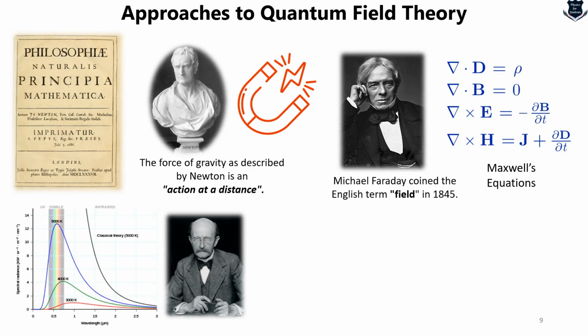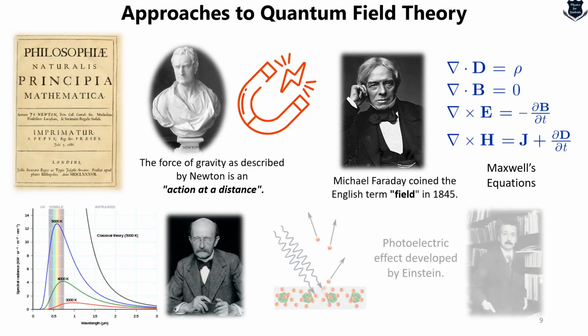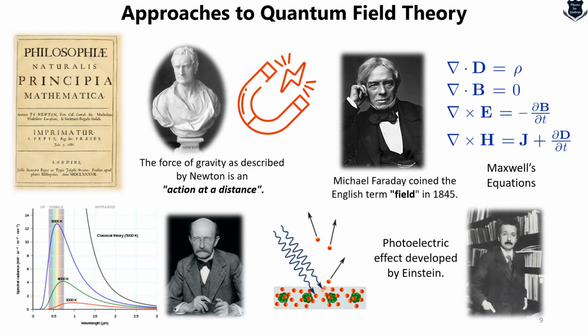So Max Planck found the equation E equals h nu, which means energy is proportional to the frequency, along with a constant. And the photoelectric effect, explained by Albert Einstein, showed that energy is basically quantized. Now, from here, if you look into the development, how we started with Principia Mathematica and went to the photoelectric effect, what we find is this.